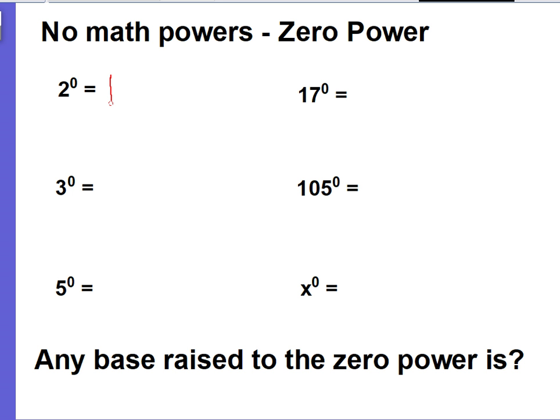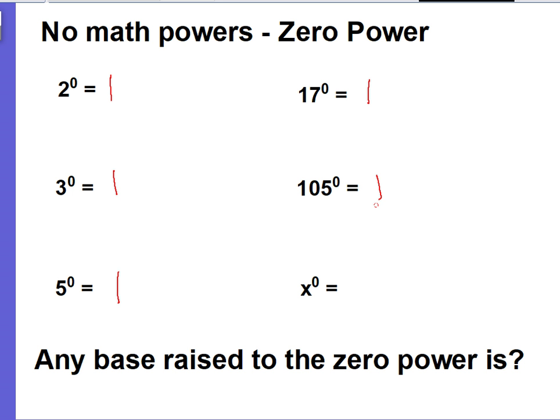There's more I could explain about the logic behind this, but for learning purposes right now, 2 to the 0 power is 1. Really, any base raised to the 0 power is 1. So 3 to the 0 power is 1. 5 to the 0 power is 1. 17 to the 0 power is 1. 105 to the 0 power is 1.